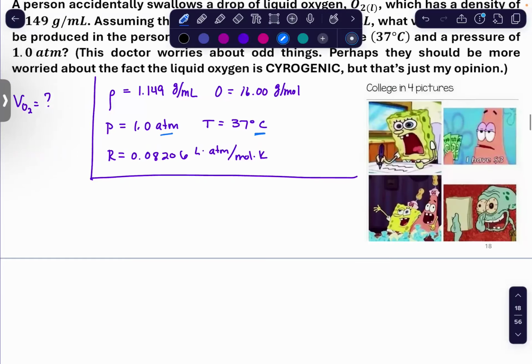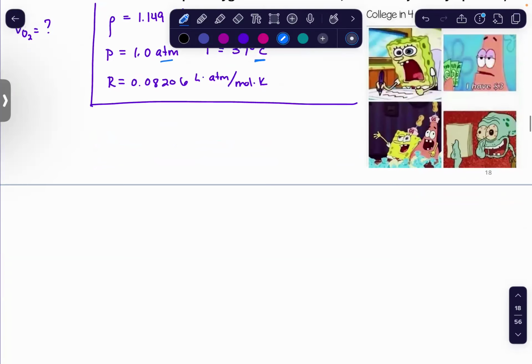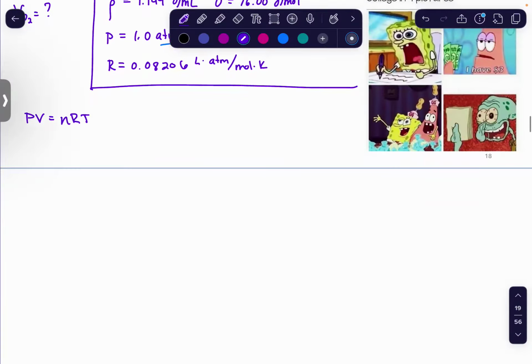Okay, so all right, we're just going to start in with our ideal gas law. And we're going to solve for volume.